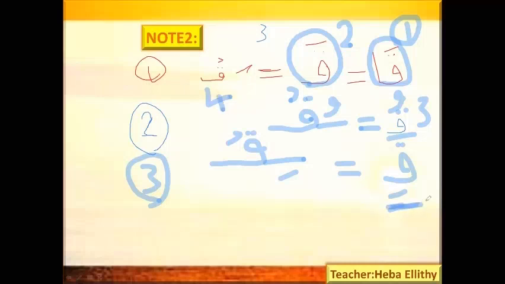That means this school makes 2 extra levels than the first school: the qaf with fatha followed by alif, which is the first level, and the next extra level, the qaf with sukoon, any heavy letter with sukoon. Okay, so inshallah this is clear for you.